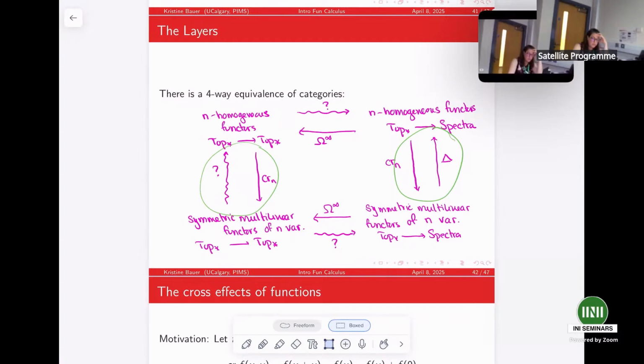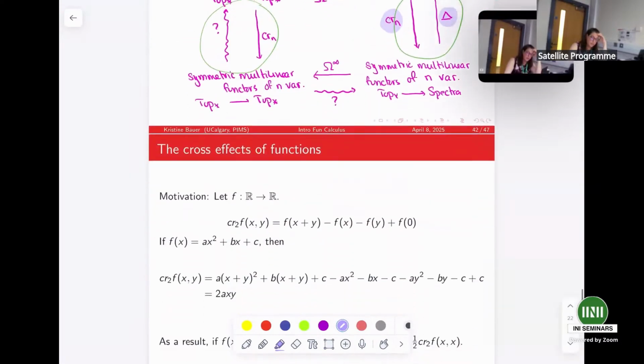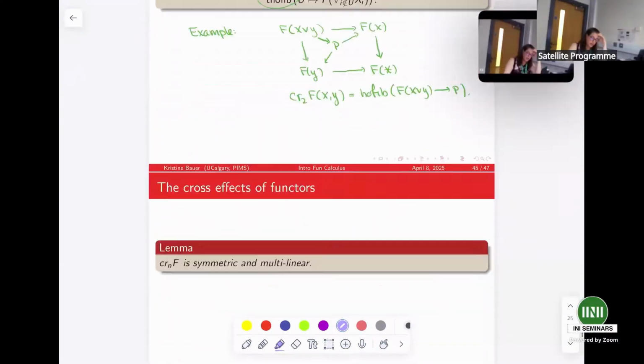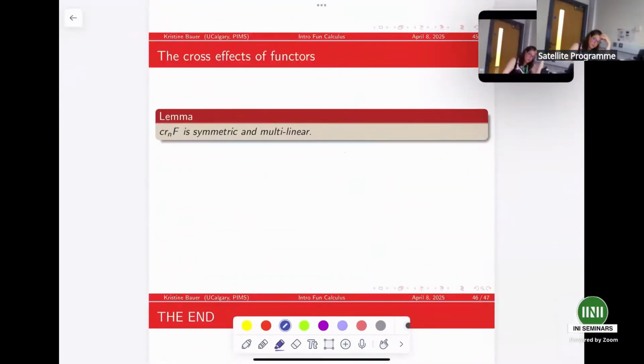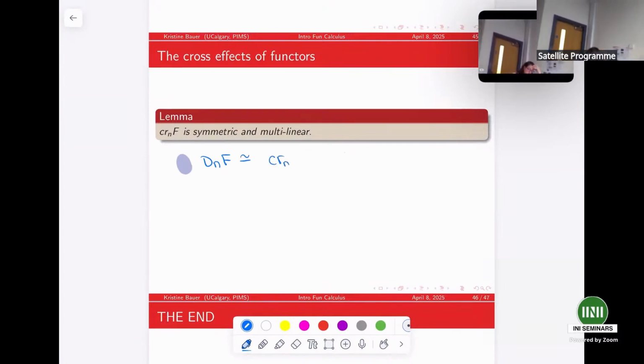So when I constructed the cross effects, now I've given you this functor down. And the functor up is just the diagonal. And what that tells me is that I should expect that D_n F, which is a homogeneous functor, should be equivalent to the nth cross effect. Okay, so where does this expectation come from?